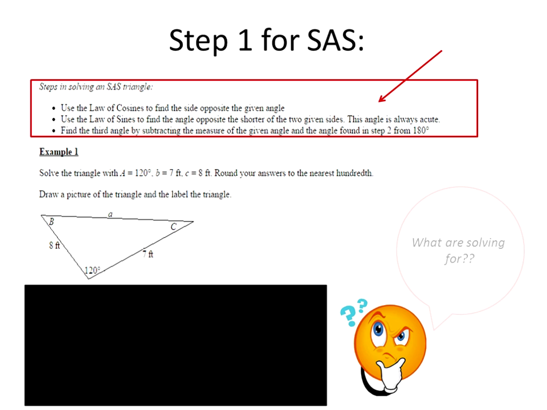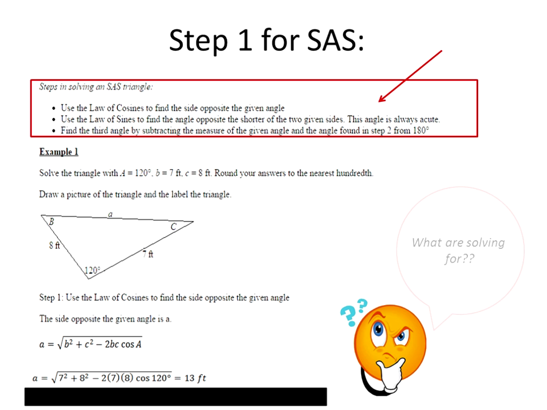B is 7, so we substitute 7 into the formula. c is 8. Then we have minus 2 times b times c times cosine 120. You multiply it all together, take the square root in your handy-dandy graphing calculator, and you will get 13 exactly. So now we have all three sides.